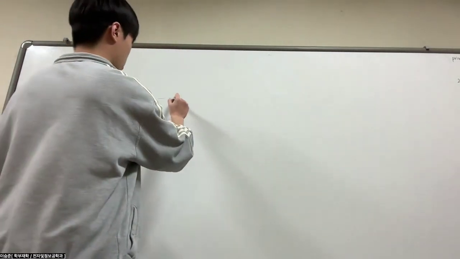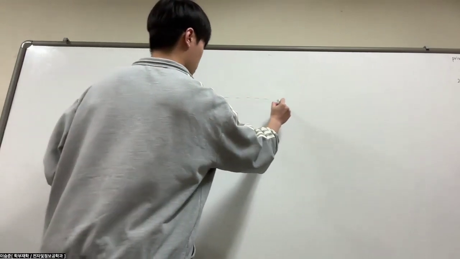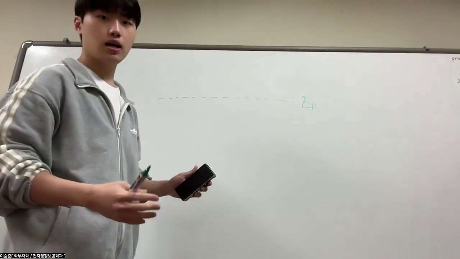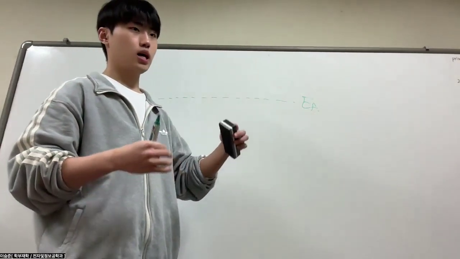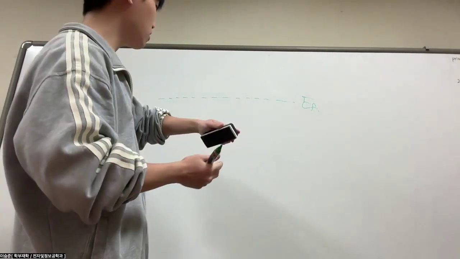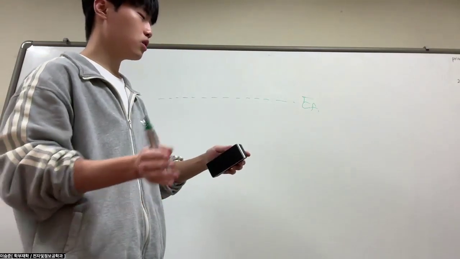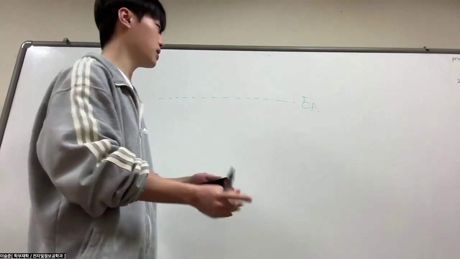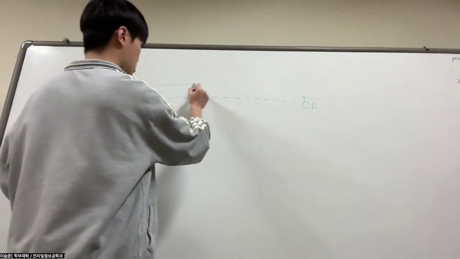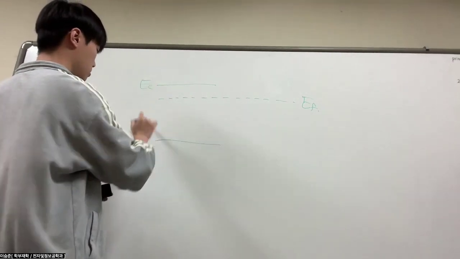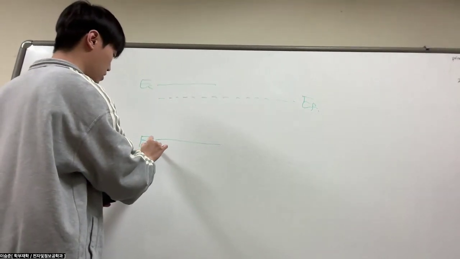So drawing like this, this is the Fermi level. And as I said, the N-type semiconductor's Fermi level is closer to the conduction band. So this is the conduction band, and this is the valence band.